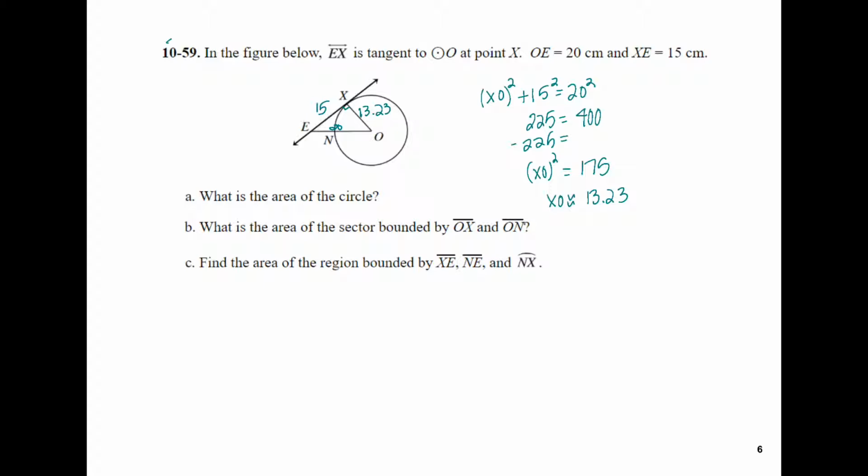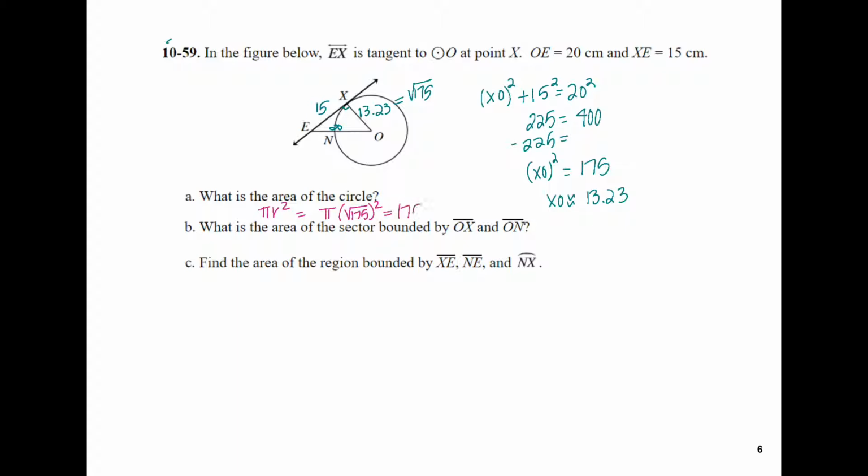So we could say that our radius is 13.23, or the more exact value would be to write the square root of 175. So to find the area of the circle, we're going to take pi r squared. So when we take pi times the radius, which is the square root of 175, and square that, our square root and our square cancel one another out.